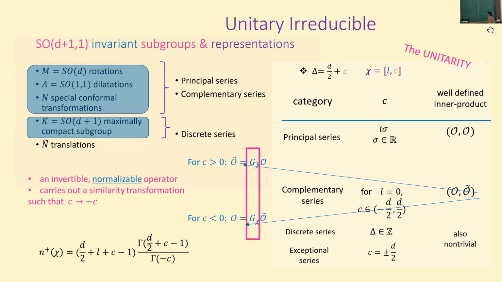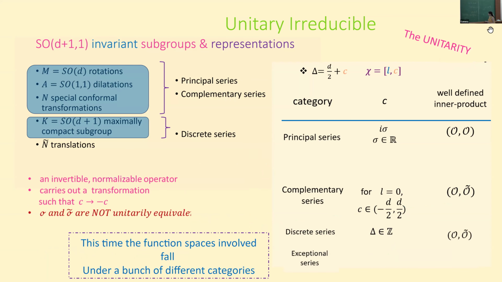So the normalizability I said is important. It involves some gamma functions and they can diverge at certain values of C. This happens for the discrete series. This is why you need to use different intertwining operators for discrete series than you could have used for complementary series. But actually, remember, we will access discrete series from exceptional series.